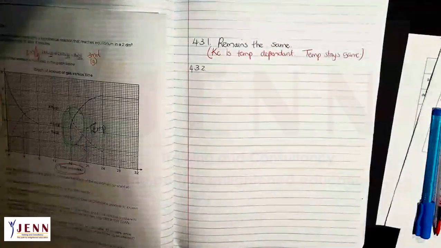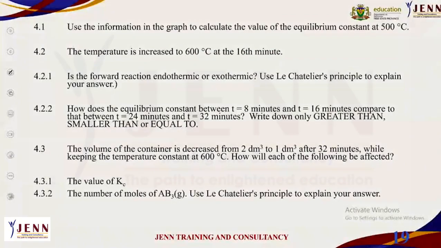The number of moles of AB3, use Le Chatelier's principle to explain your answer. Okay, boys and girls, the disturbance here is not the volume of the container that is decreased, because you can only use the words concentration, pressure, and temperature.